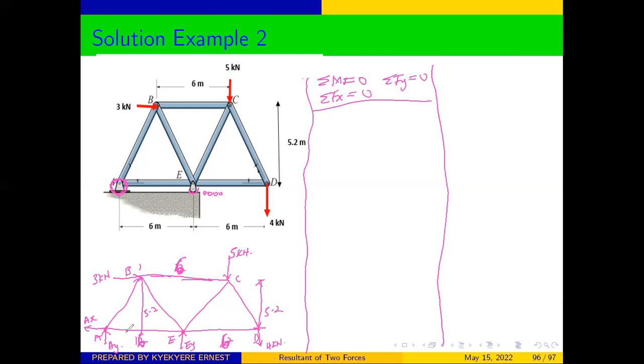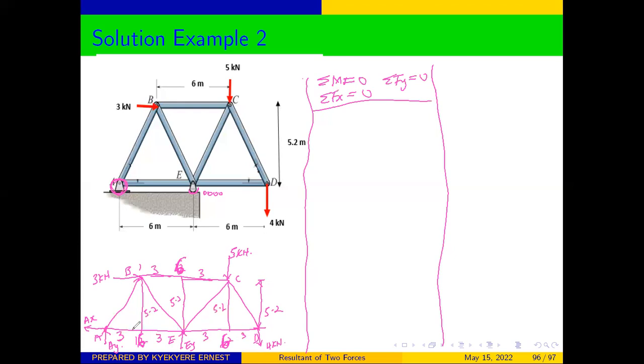And if from this point to that point is 6, then because it is symmetrical, this side will be 3. This side will also be 3. We can also divide here. We know that the length here is 5.2. This side will be 3. This side will be 3. We can also divide this side. We have 3, 3, and then we have 5.2.